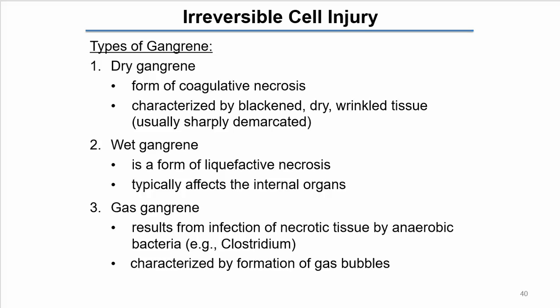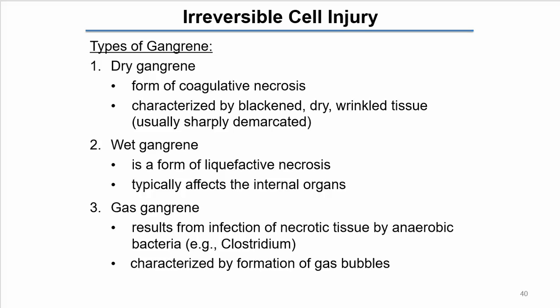Now, gas gangrene happens when there's an infection by an anaerobic bacteria. The big thing for this one is Clostridium. You probably have heard of C. difficile, which is Clostridium difficile. One of the things about Clostridium is that they like to eat this dead tissue, and they don't mind the lack of oxygen because they're anaerobic.